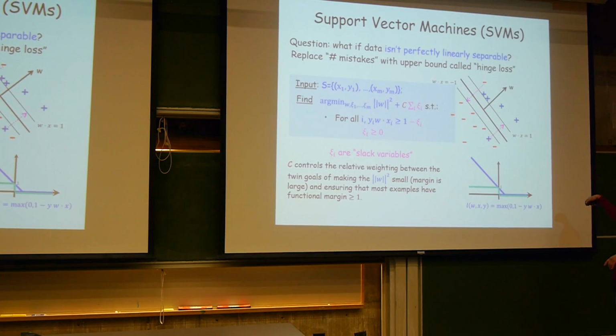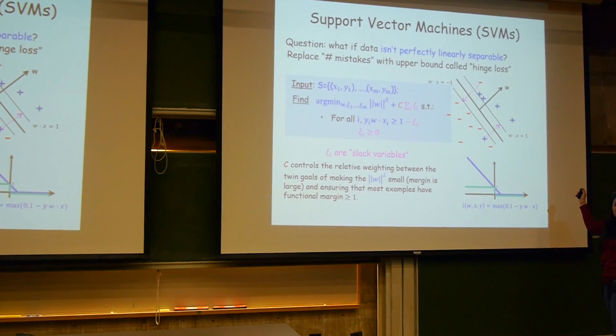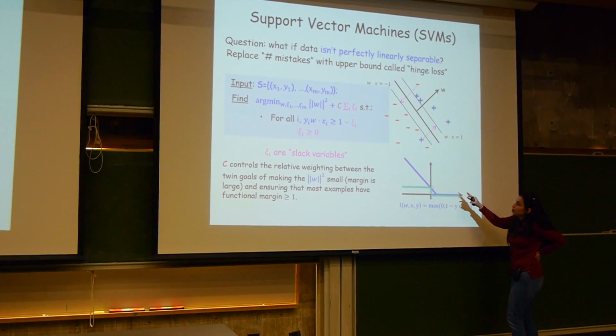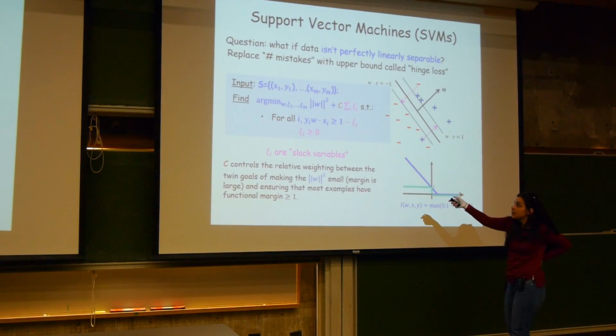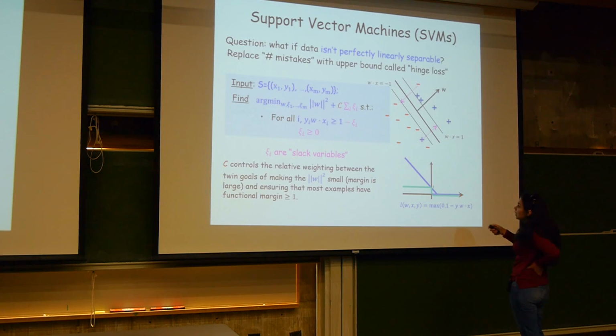This hinge loss exactly corresponds to the total distance I have to move the point to put it on the right side where it should be by the right margin. For example, for a positive example, yi would be 1. Ideally I would have w dot xi greater than 1.